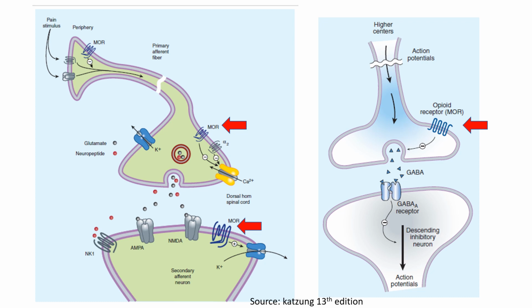As I said, the main purpose of the descending pathway is to inhibit pain perception. So it is actually an inhibitory pathway, which means you have the inhibitory neurotransmitter GABA at the synaptic level. As I said, this inhibitory pathway is always kept under inhibition. So the purpose of opioid receptor stimulation is to inhibit this inhibition.